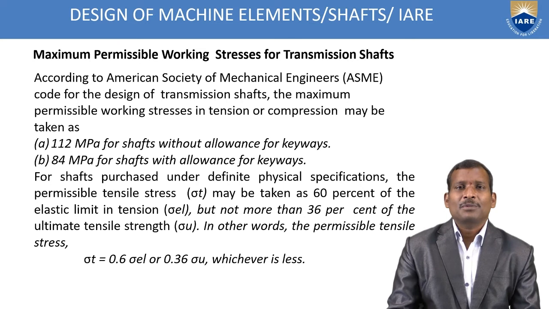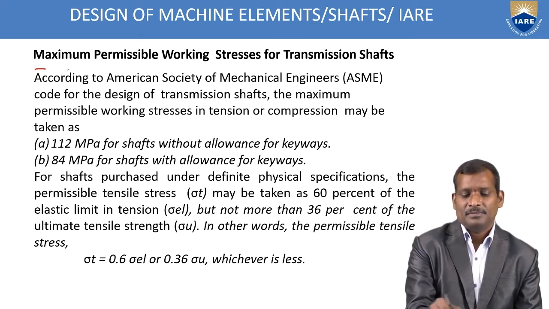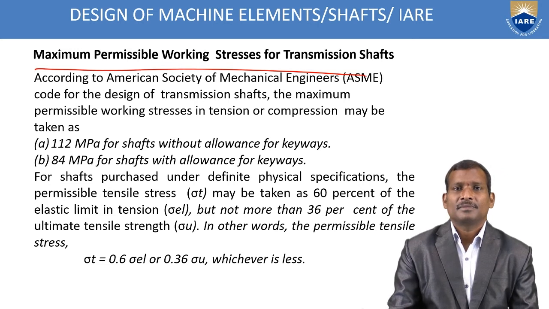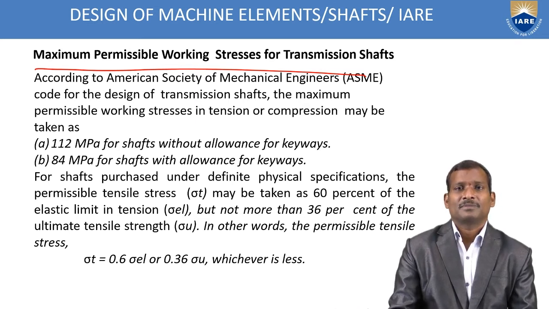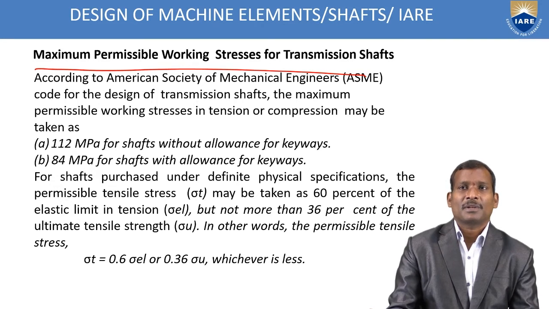Next, the maximum permissible working stress for transmission shaft. So what are the working stresses for a transmission shaft? Already I told you in the first session that shafts are divided into two types: transmission shafts and machine shafts. The shafts in a transmission line are transmission shafts.